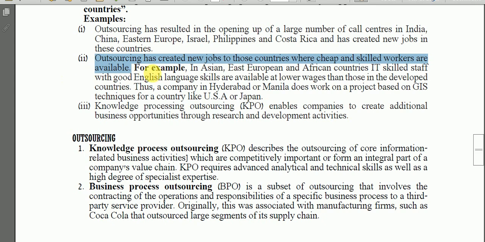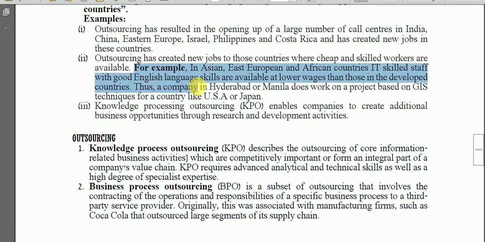So for example, see here, in Asian, East European, and African countries, IT skilled staff, information technology skilled staff with good English language skills, are available at lower wages than those in developed countries.